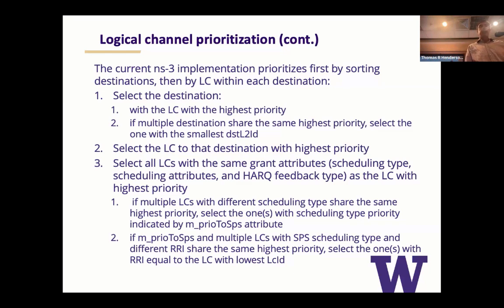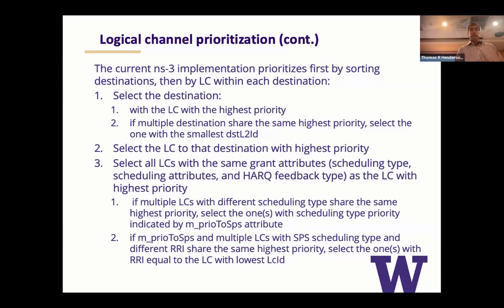And if there's a tie between different scheduling types, or different traffic types that otherwise have all the same parameters, then there's an additional flag that's used, whether you would give the priority to semi-persistent scheduling or dynamic grants.